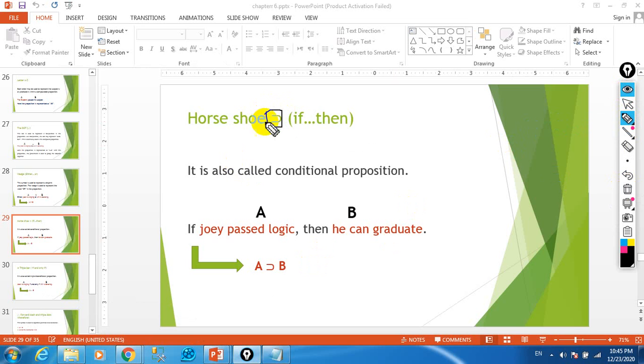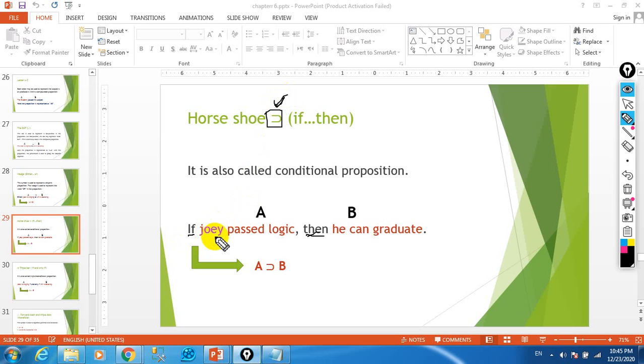For example, this is a compound proposition. If and then represent the condition, and in symbolic logic this condition is represented by the horseshoe. For example, the statement: if Joy passed the logic exam, then he can graduate.